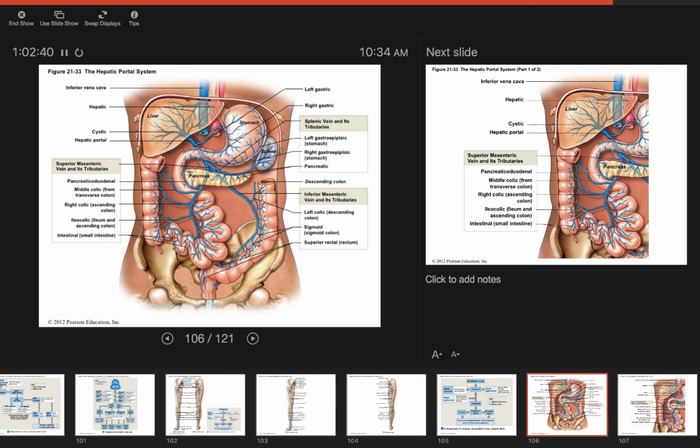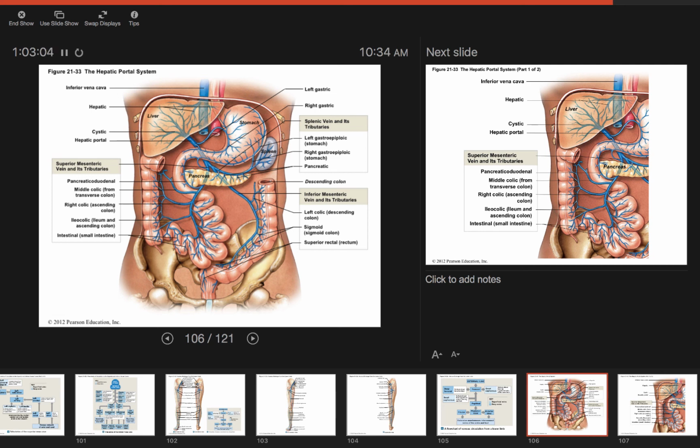Even if it's medication, even if it's drugs, those are going to go to the liver first, and they might get metabolized and broken down. That's called first pass. Even nutrients do that. The liver has to decide, what do I do with those nutrients? Do I store glucose as glycogen? Do I send it out into the circulation?